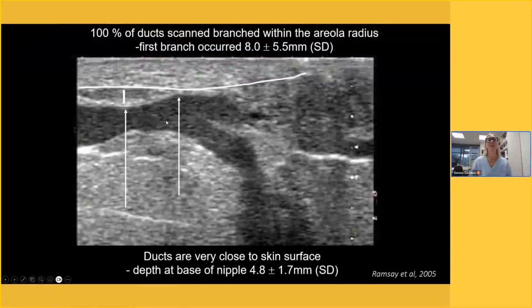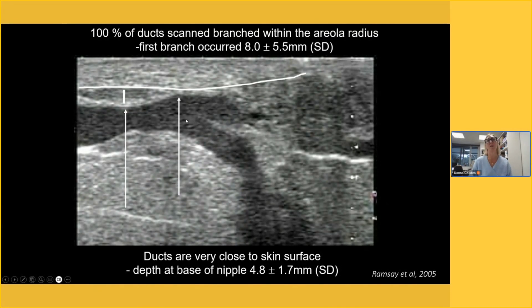This is a similar image here on a different mother. You can see the nipple here. Note you can't see the milk ducts very well. There's a very short main milk duct that is narrower in diameter as to the more distal duct over here, more proximal duct. So again, disobeyed the textbooks.